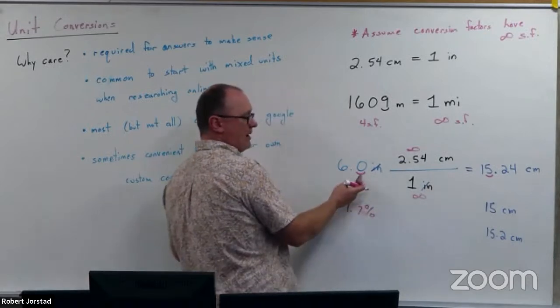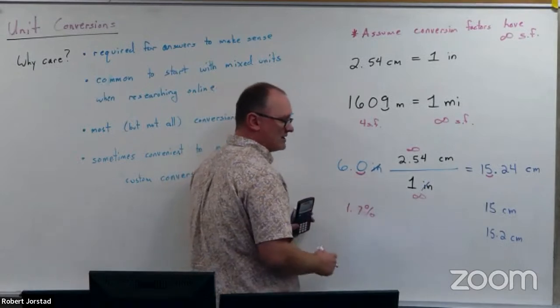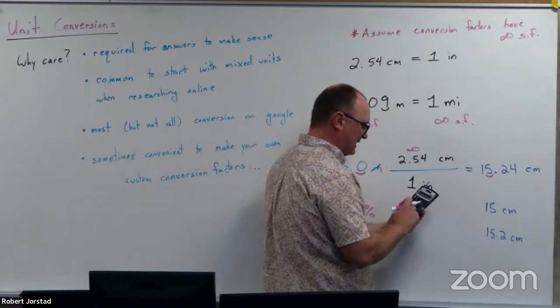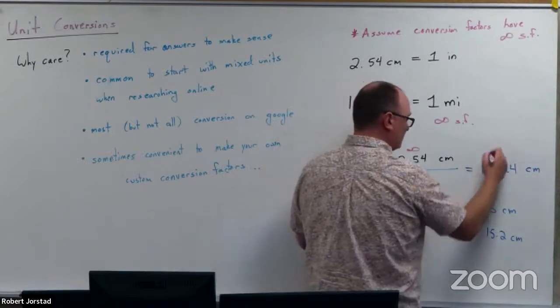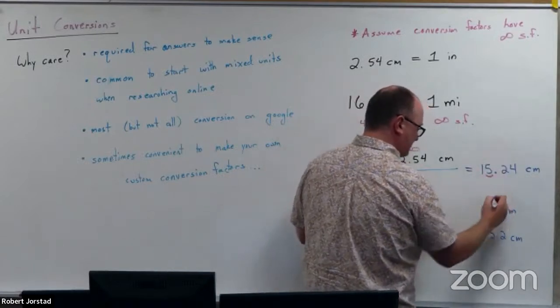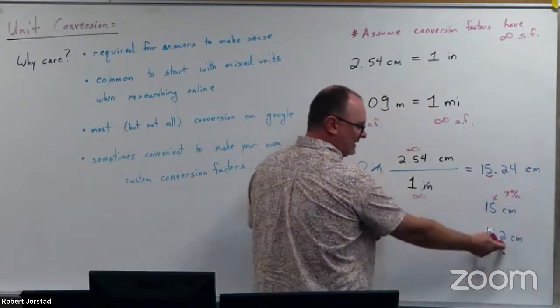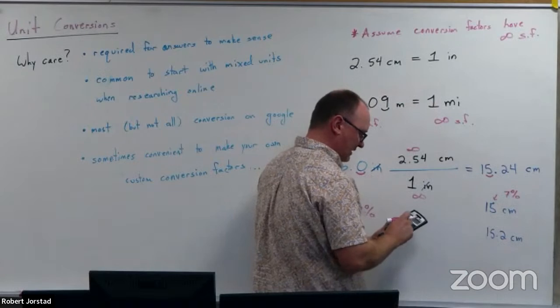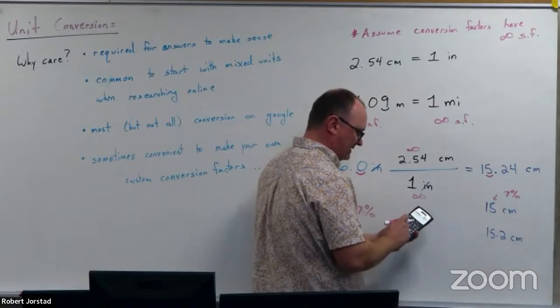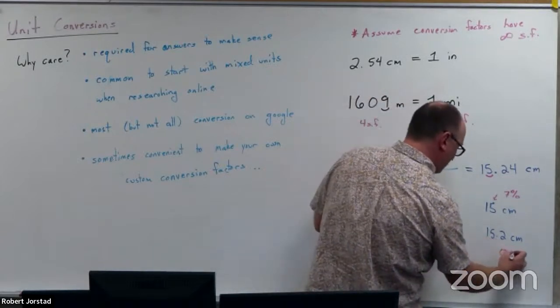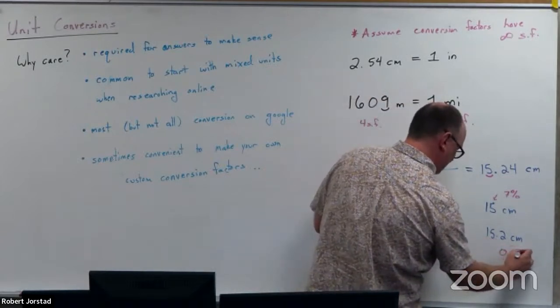So assuming I'm off by 1 in this digit, I get a 1.7% error. What happens if I put a 1 in this digit? 1 divided by 15, that's closer to 7%, so a 1 in this column is actually a 7% error versus a 1 in this column, 0.1 divided by 15.2 is about 0.7%.